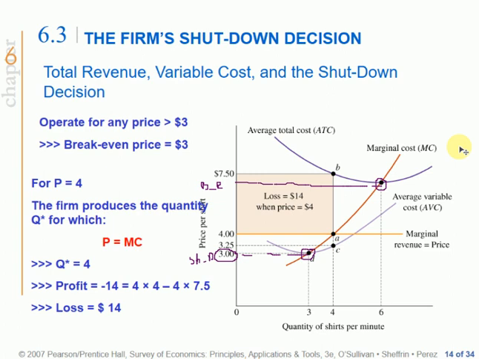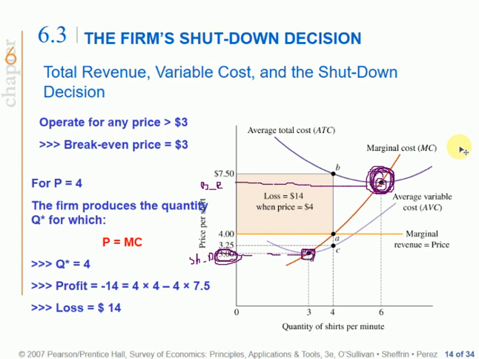So if we want to identify the shutdown price, you should always look at the minimum of the average variable cost curve. If you want to find the break-even price, you always look at the minimum of the average total cost curve. So here, the minimum of the average variable cost is equal to 3. So the shutdown price for this firm is equal to 3.